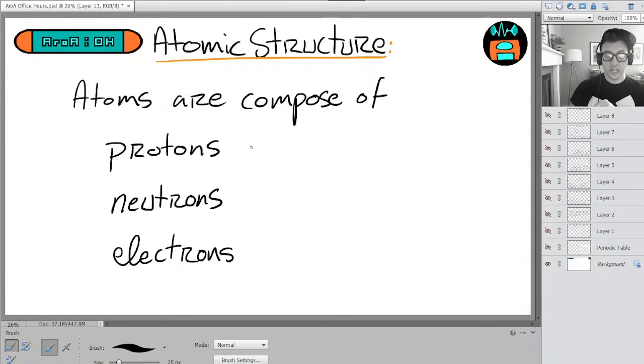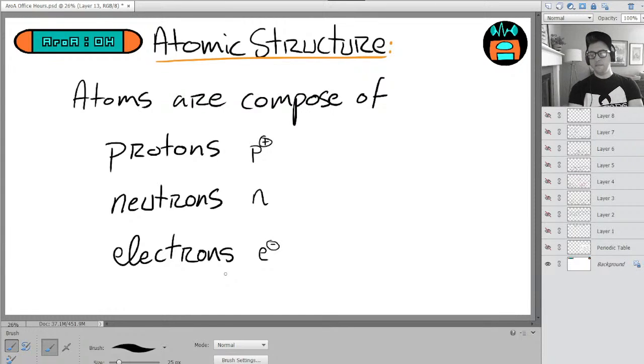The symbol for a proton is a lowercase p with a plus sign because it is positively charged. The symbol for a neutron is a lowercase n, and the symbol for an electron is a lowercase e with a minus sign superscripted to the right of the symbol because electrons are negatively charged.